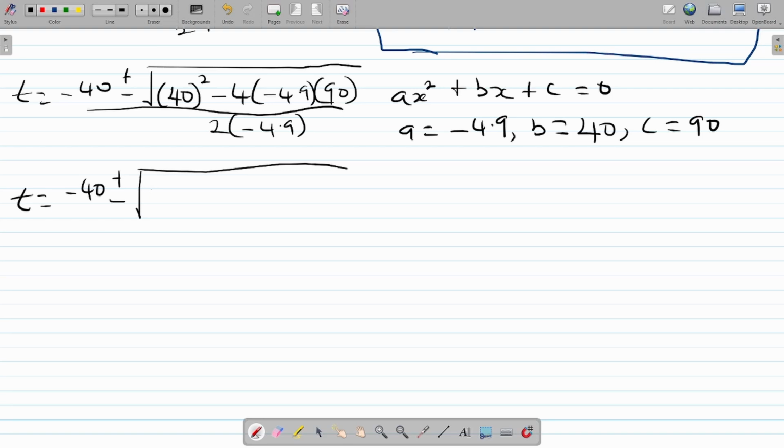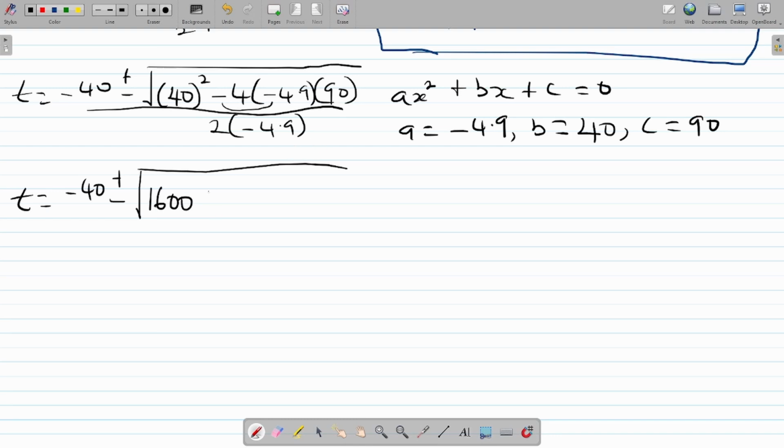Yeah, 40 squared will give you 1600. Now here you have negative 4 times negative. So this negative here multiplies the negative here. We now have negative 4 multiplied by negative 4.9, multiplied again by 90.